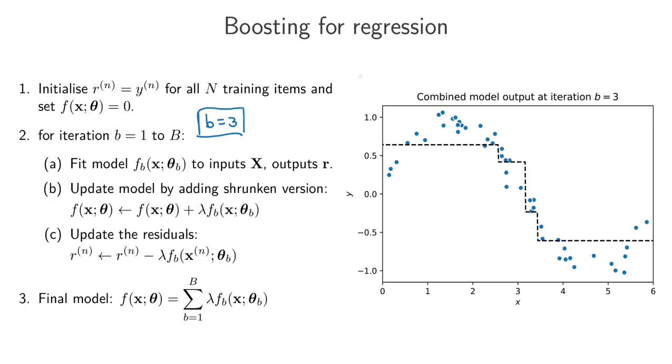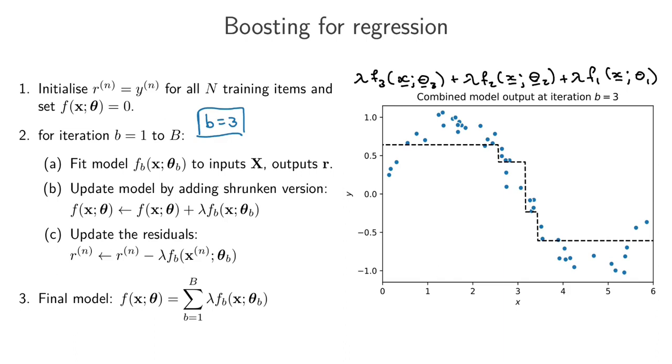And what I'm plotting here is the result of the scaled version of F3 plus the scaled version of F2 plus the scaled version of F1. And what you can see here is we're getting another little bit of a step.